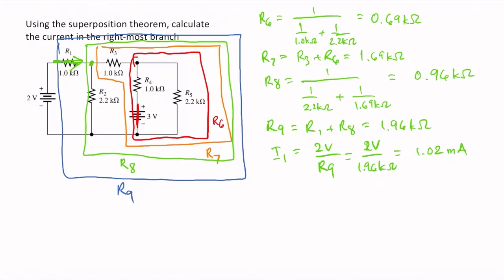To solve for I2, we need to determine the voltage across R2. The voltage across R2 is V2. But we see that here's the source, here's R1, and this is V2. So that's a voltage divider equation. So that's R8 divided by R1 plus R8 times 2 volts.